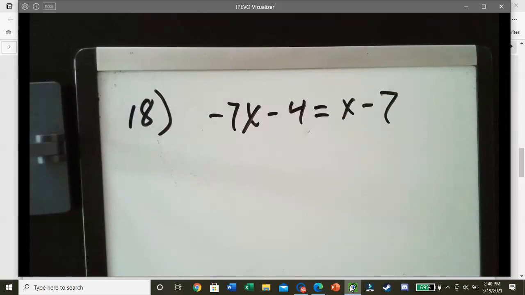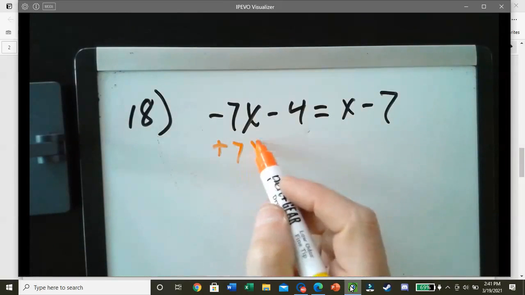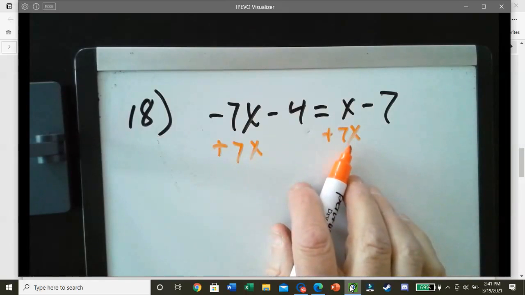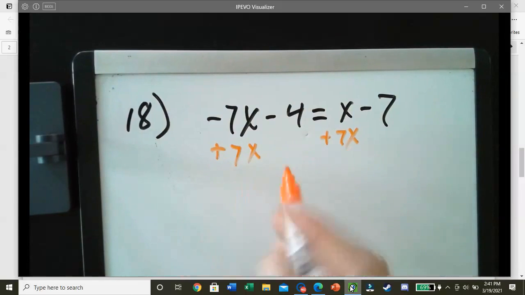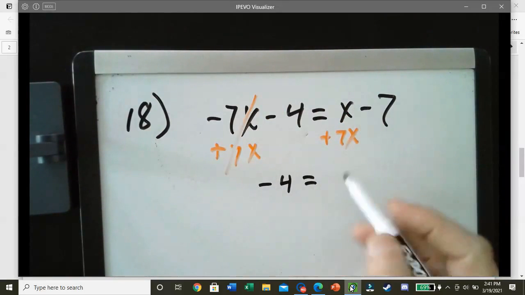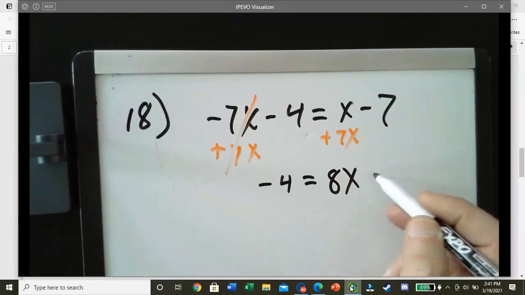Okay? I like to try to keep the x's positive, so I would apply a plus 7x. Because at the end, you don't have to mess with a negative. Okay? So the 7x's go to 0. All right? And so you get negative 4 equals 2x plus 7x, which is what? 9x minus 7.